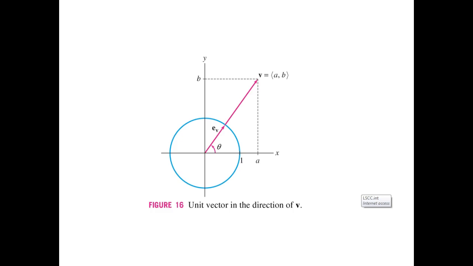A. A is the adjacent side, and the hypotenuse is here. I don't know about the hypotenuse, but I do know that b is the opposite side, isn't it? Opposite this is that length there, which is the same as b.